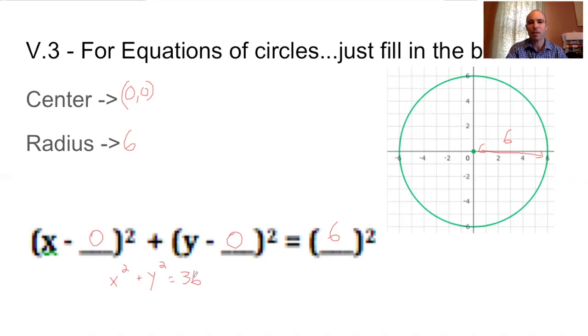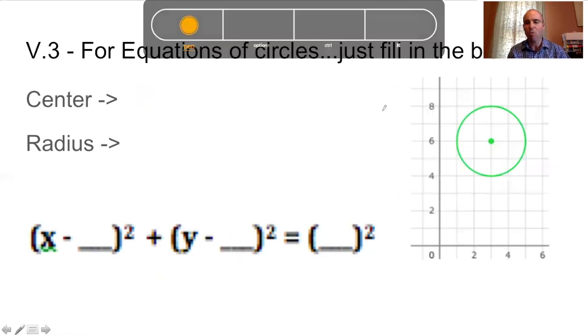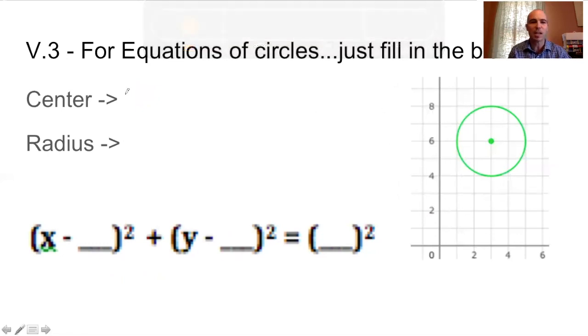All right, let's see if we get a little more complicated example. Yes, we do, right? Slightly more complicated example, but the same strategy remains in place, right? What is my center? Oh, it looks like it's 3, 6. Sorry, my comma's a little funky there. My radius, it looks to be 2, right?